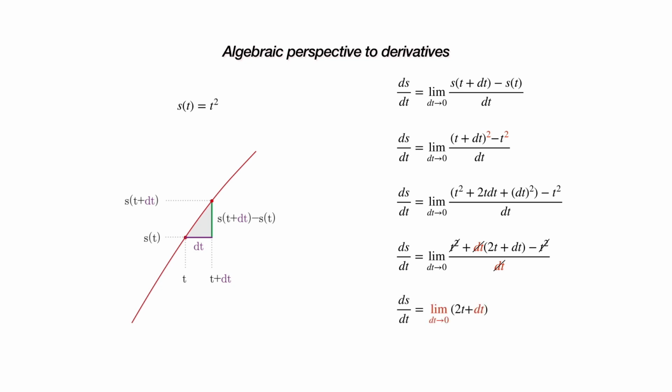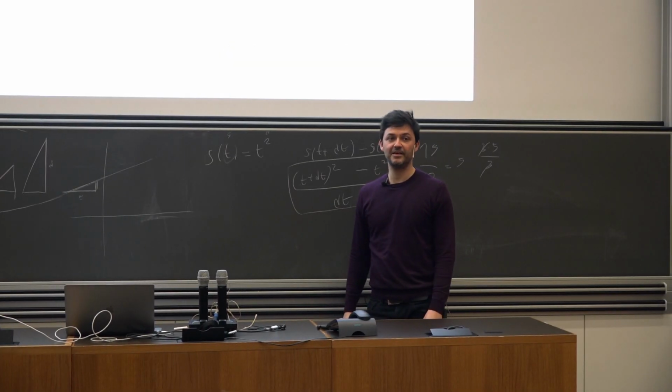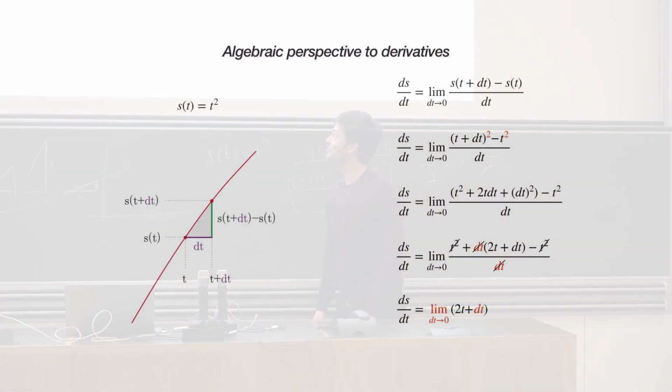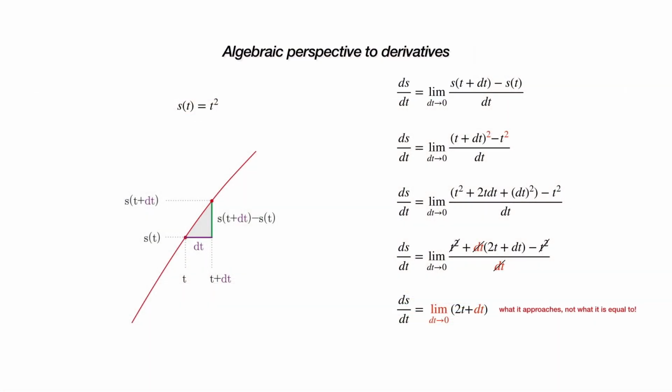So when you cancel it, you are just left with the limit of 2t plus dt. And then what is this expression asking you? Is it asking you what 2t plus dt is? No. It is asking you what 2t plus dt approaches as dt approaches 0.